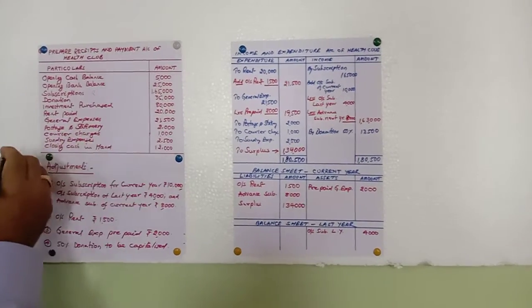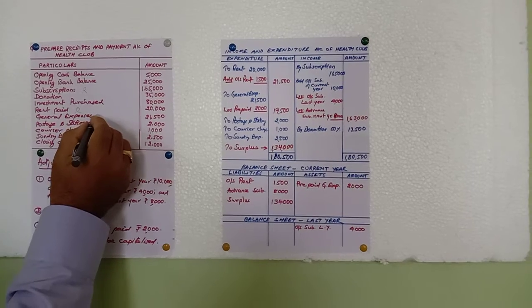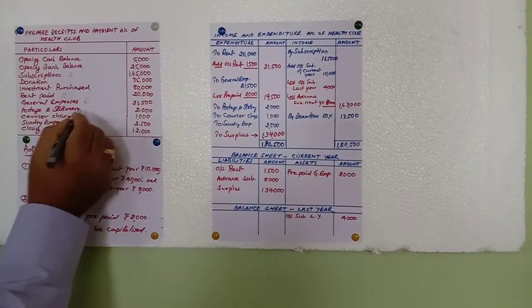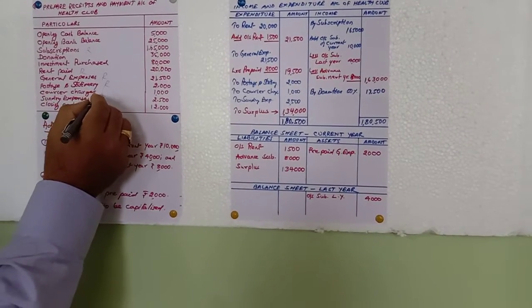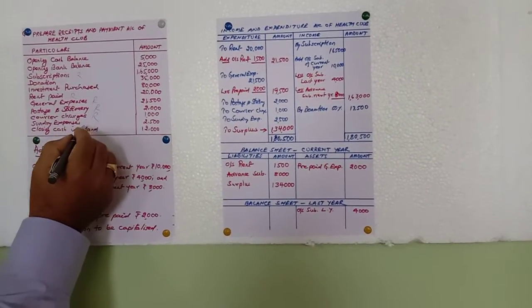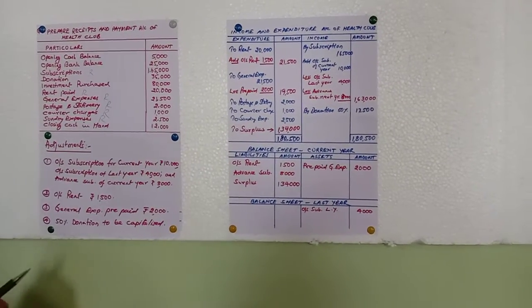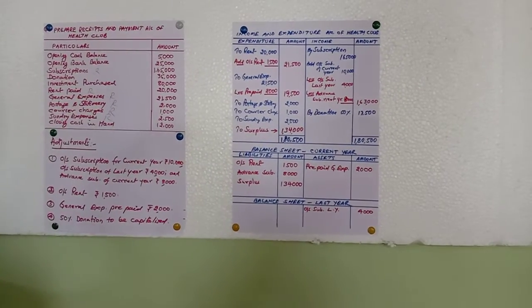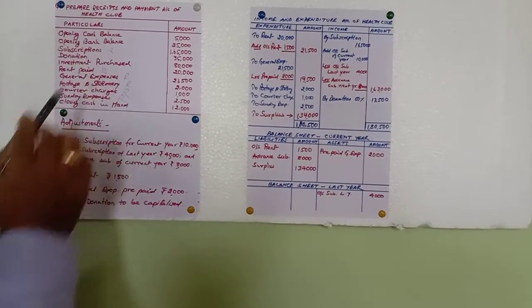Okay, then rent revenue, journal expenses revenue, postage revenue, courier charges revenue, sundry expenses revenue. Okay, and capital items I am just leaving off. So I have to relate what is given in the adjustment and here.